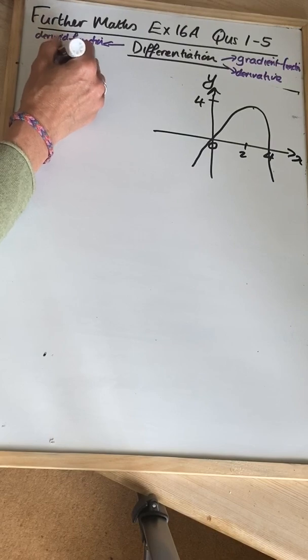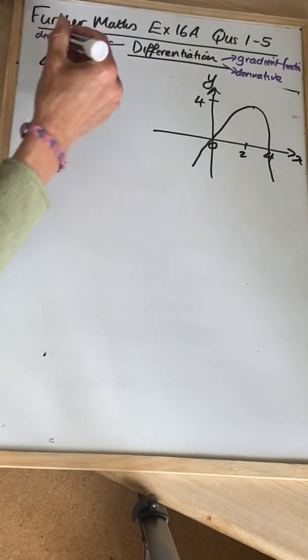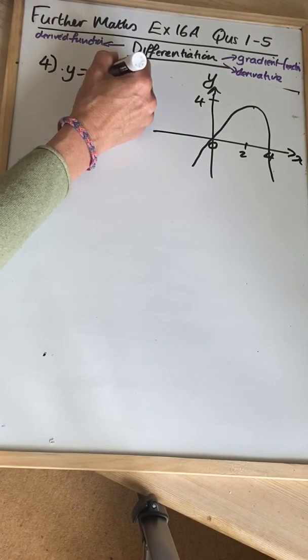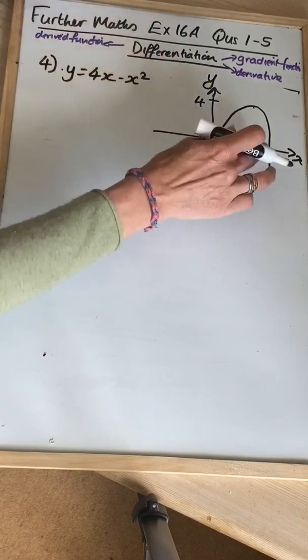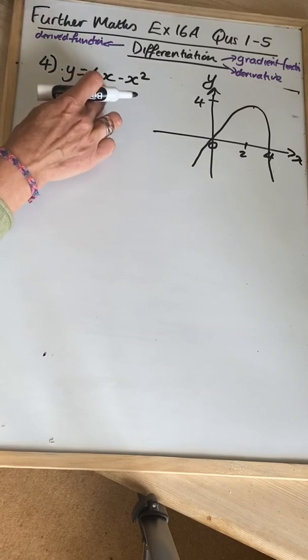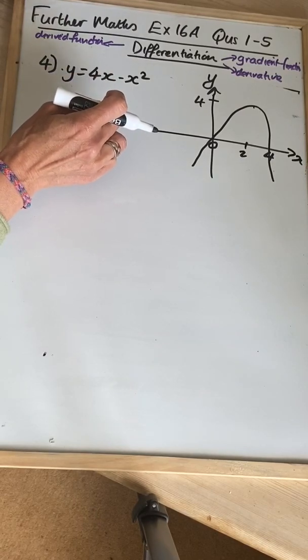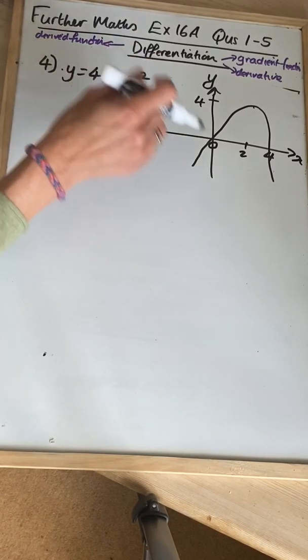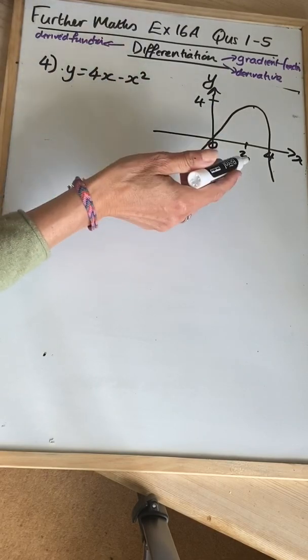So this is question 4. Here's a graph of y equals 4x minus x squared. Yep, that makes sense. It goes through the origin because when x equals 0, y equals 0 for this. And it has a negative quadratic shape. That makes sense.